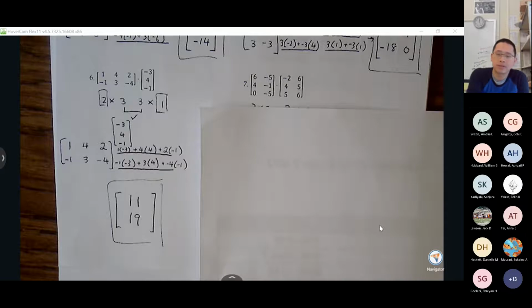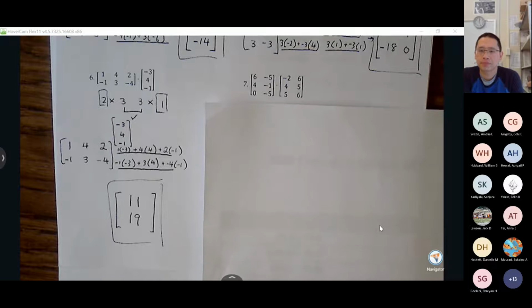All right, what do you guys notice about number 7? Are we going to run into any issue if we were trying to multiply those together? So not possible, right?